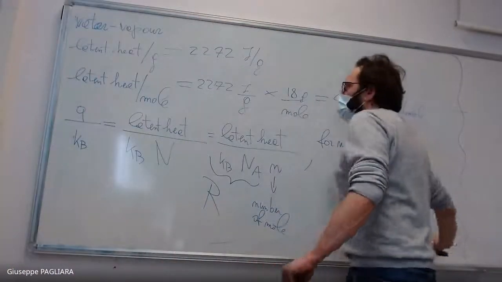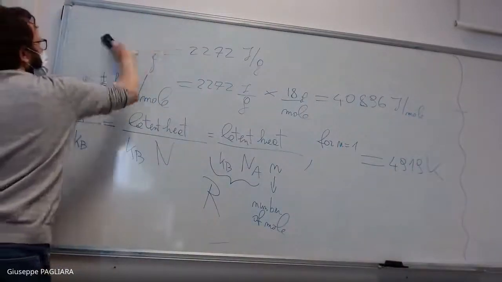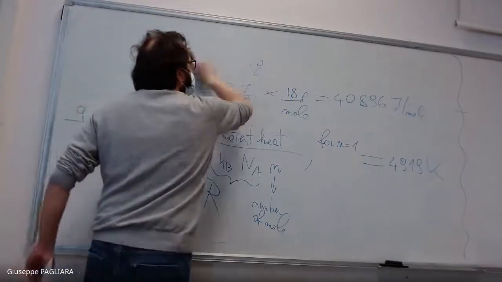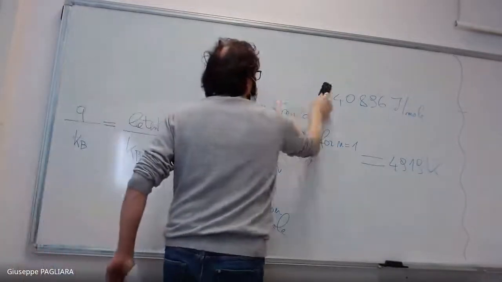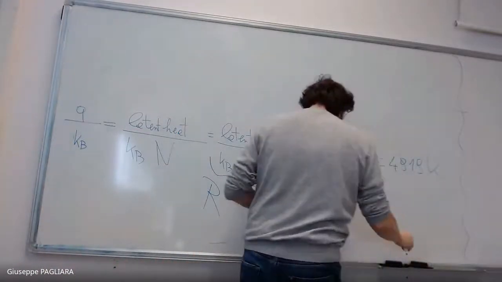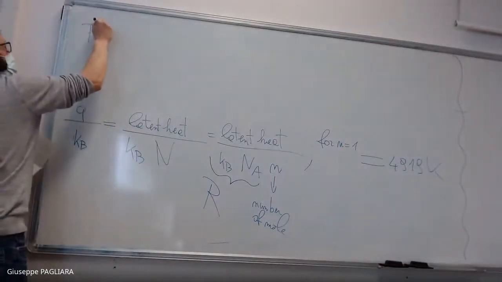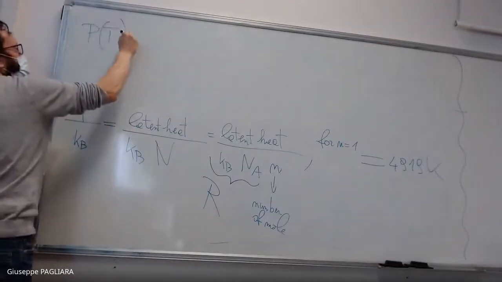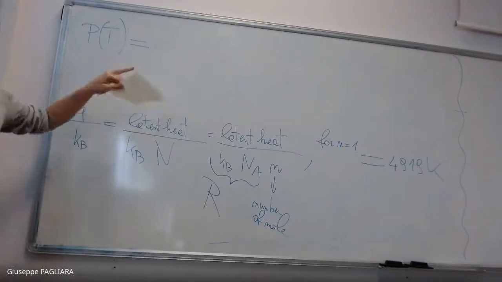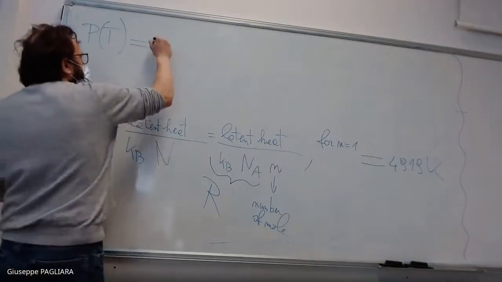Okay, so then for water, we can write the following equation, which is the first order liquid-gas phase transition line: P of T. Now I have to put here a value of the pressure of the state A. Suppose that it is 1 atmosphere.